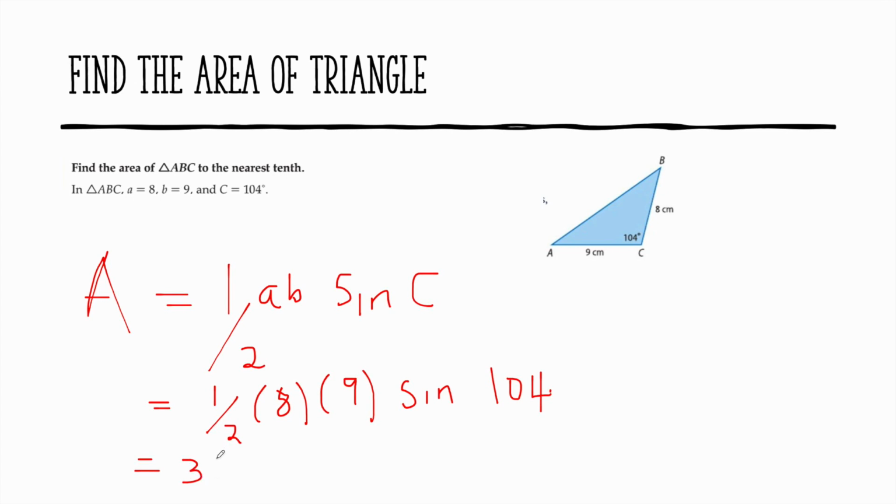So we will say 35 because they said round to the nearest 10. It will be 35 centimeters squared as our answer, because we're talking about the area. Okay, this was very easy. I hope you understand it.